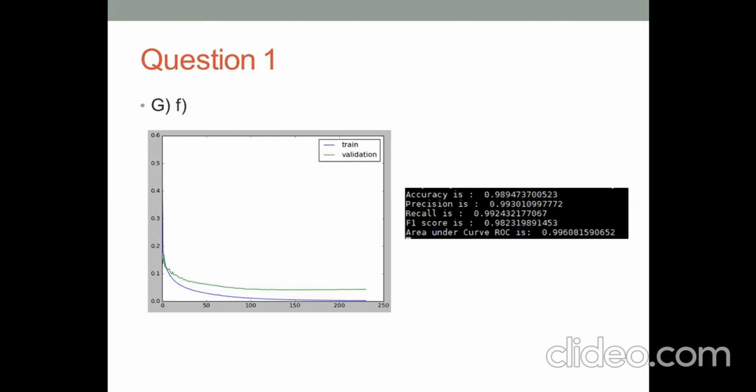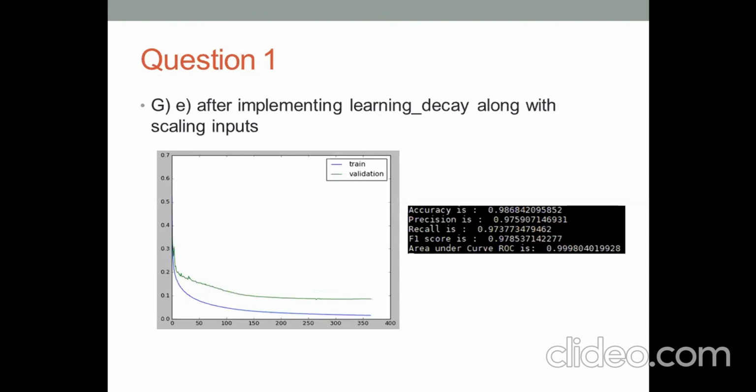Okay. And if you compare the number of epochs for like the parts B, D, E, and F, for G, you mean?